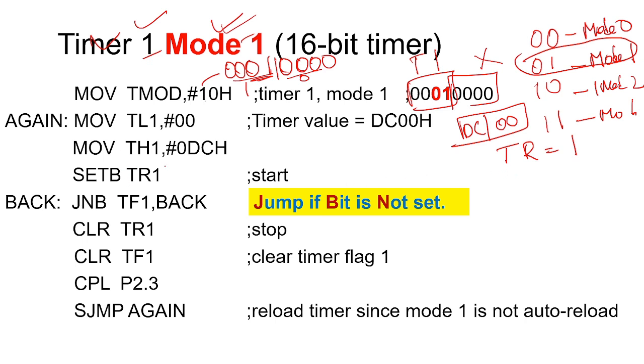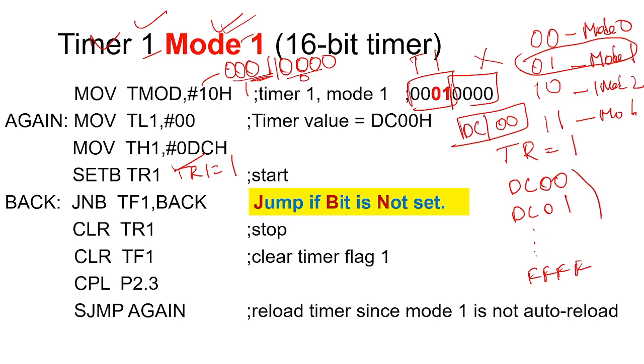That's why in the fourth instruction I am setting the higher logic: SETB TR1. That means TR1 will become 1, and the timer starts to count from DC00. It will keep on counting.